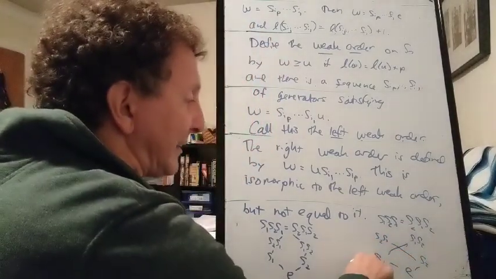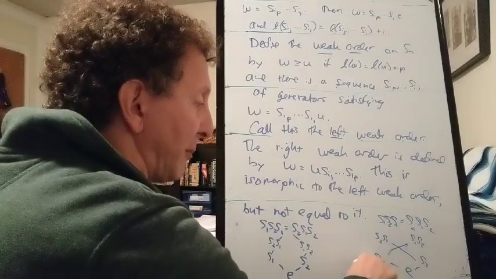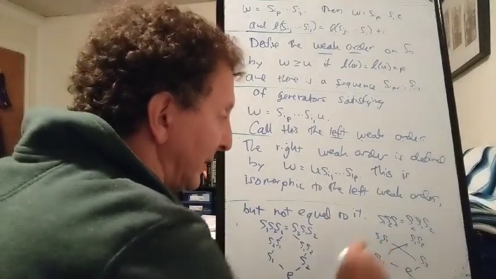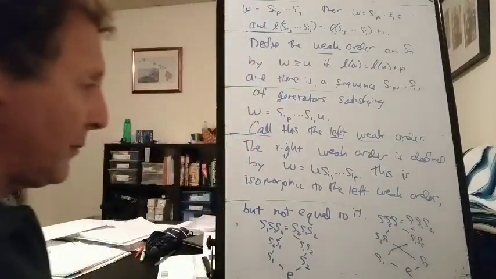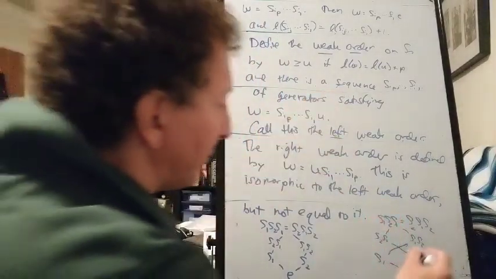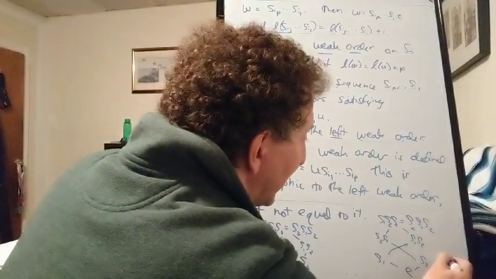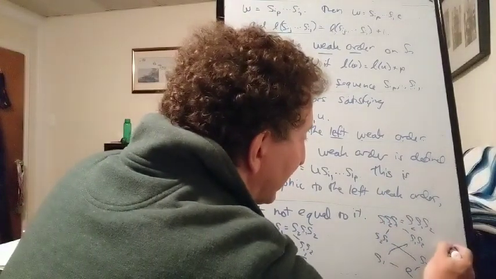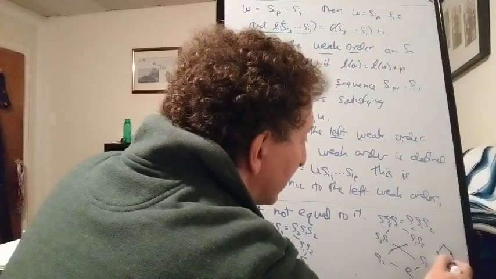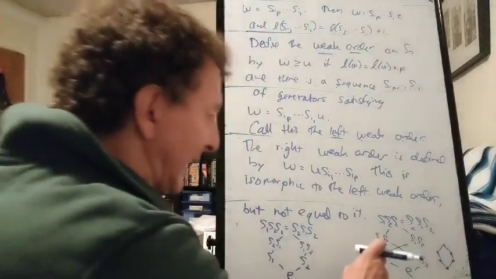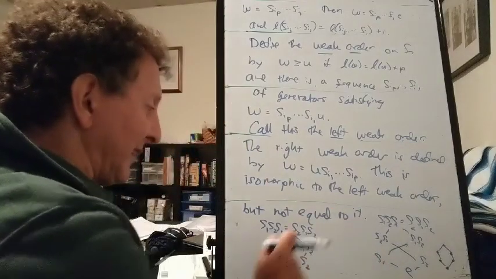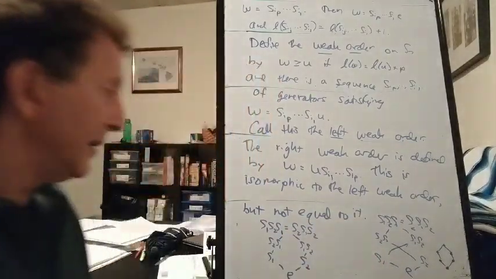Now S1 is not less than S2 S1 because we can't multiply S1 by something on the right to get S2 S1. Now if we open up that poset and twist it around, we'll see it looks just like the other one. But it's not the case that the elements are related to each other exactly the same way as they are in this poset.